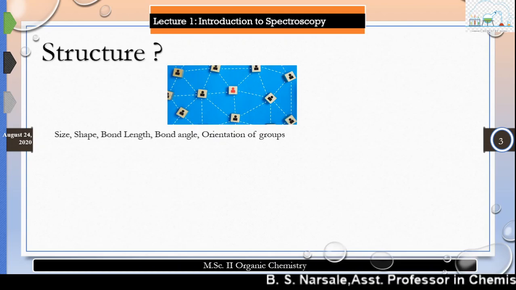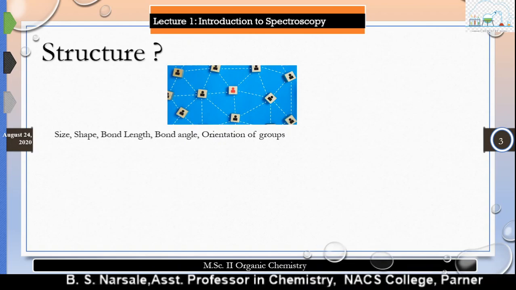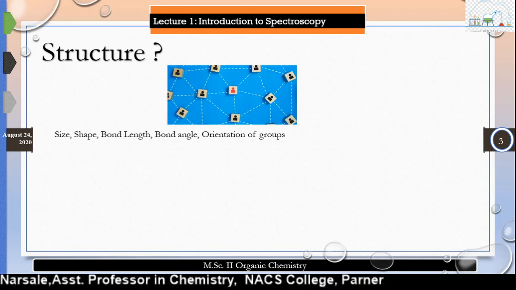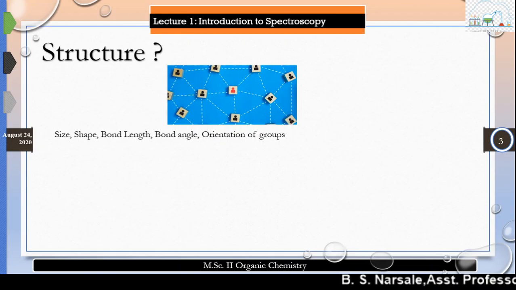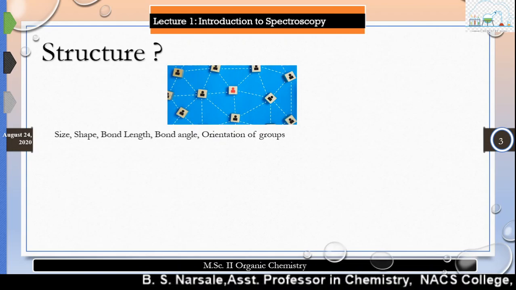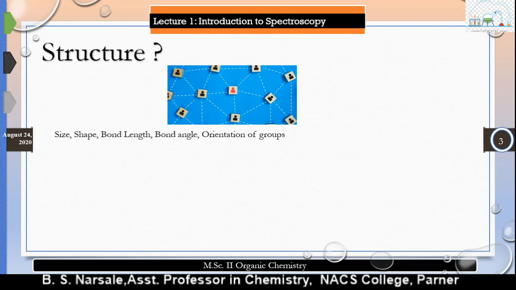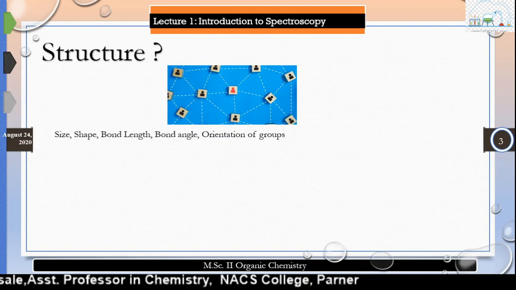Everyone knows every molecule has a specific size, specific shape, bond length, bond angle, and orientation of groups in 3 dimensions. So the structure of the molecule for every compound is different.